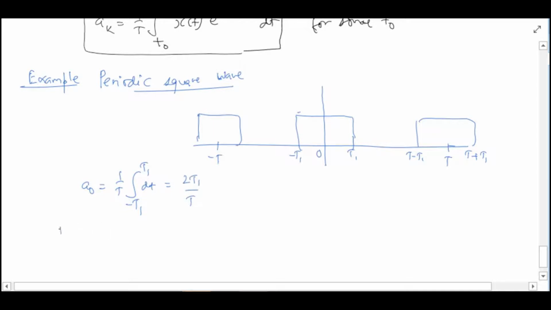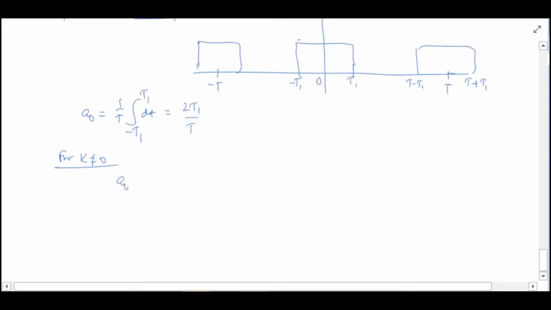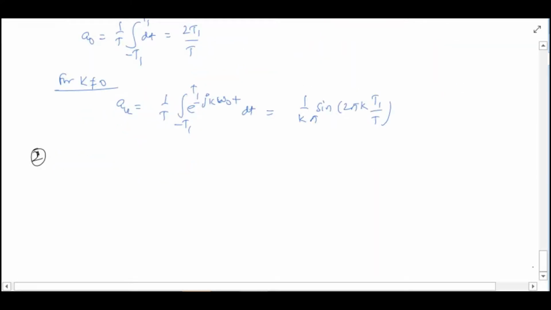Similarly, for k not equal to 0, a_k will be 1 over T, integral from minus T1 to T1 of e raised to minus jk omega naught t dt, which if we work out, it turns out to be 1 over k pi sine of 2 pi k T1 over T. Let's see another example, and this time we look at a triangular wave.